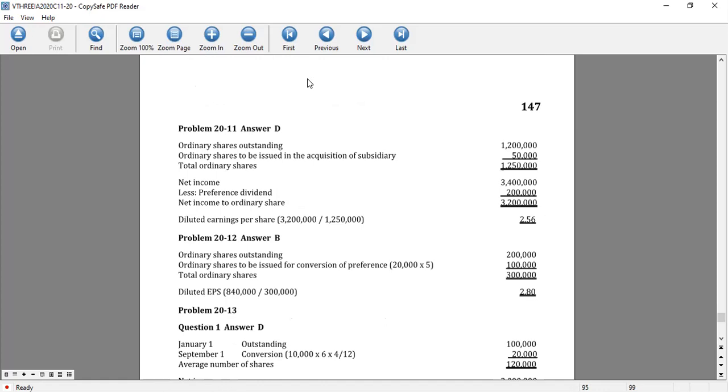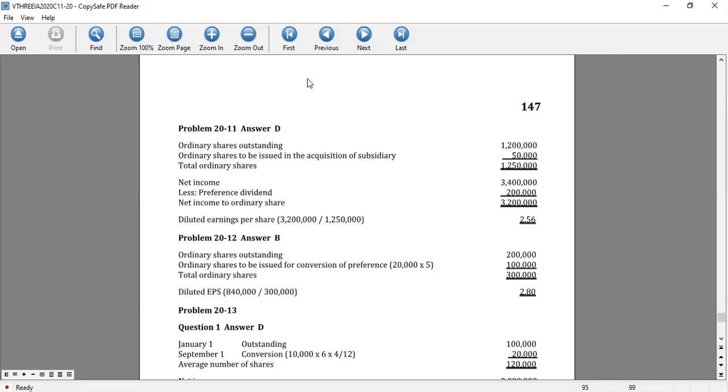Now that's 20-10 and 20-11. We already have the multiple choice questions. What amount should be reported as diluted earnings per share? In the problem, we have the ordinary shares outstanding equal to 1.2 million.